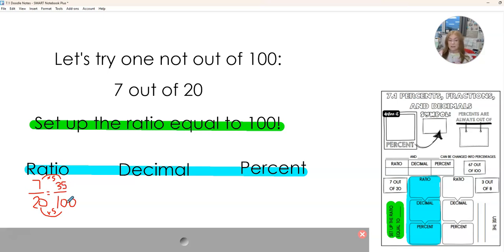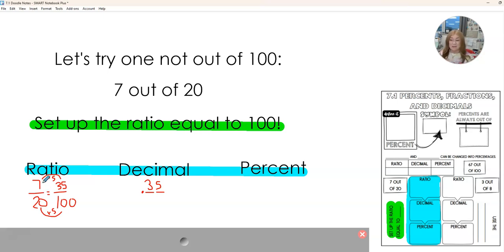These are equivalent. But now that it's out of 100, it's easier to write the decimal and the percent. I'll write the decimal in the hundredths place: 35 hundredths. Decimals are always out of 10 and 100. I can't just put 0.7 for 7/20, that's not the same thing.